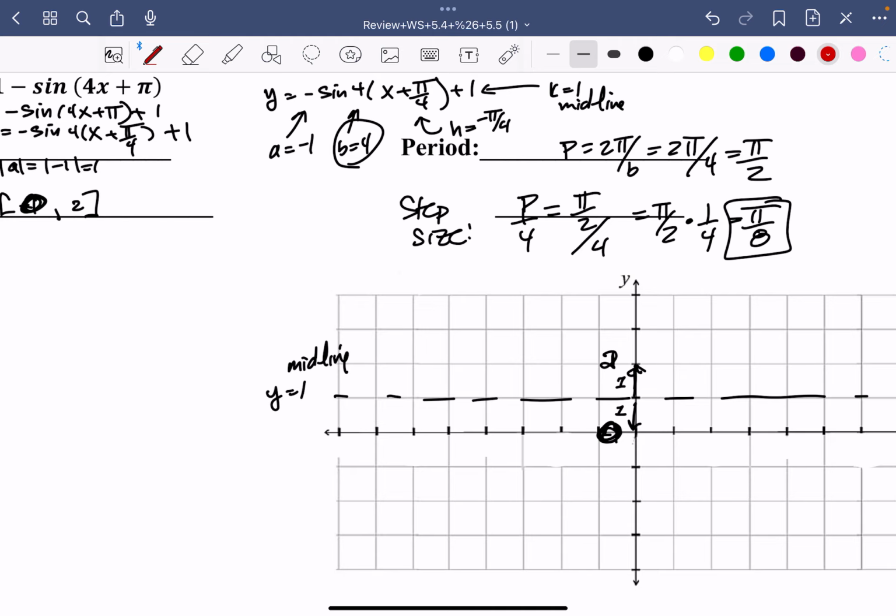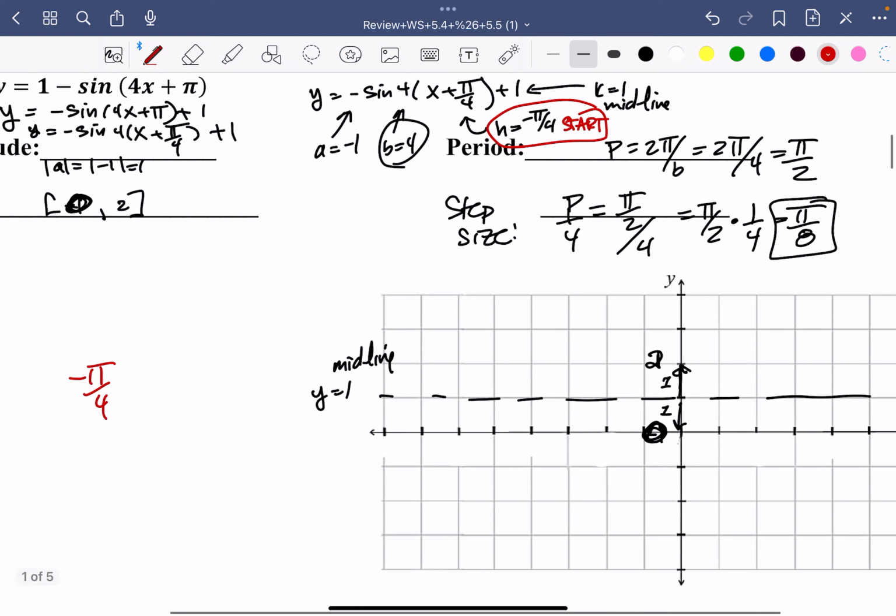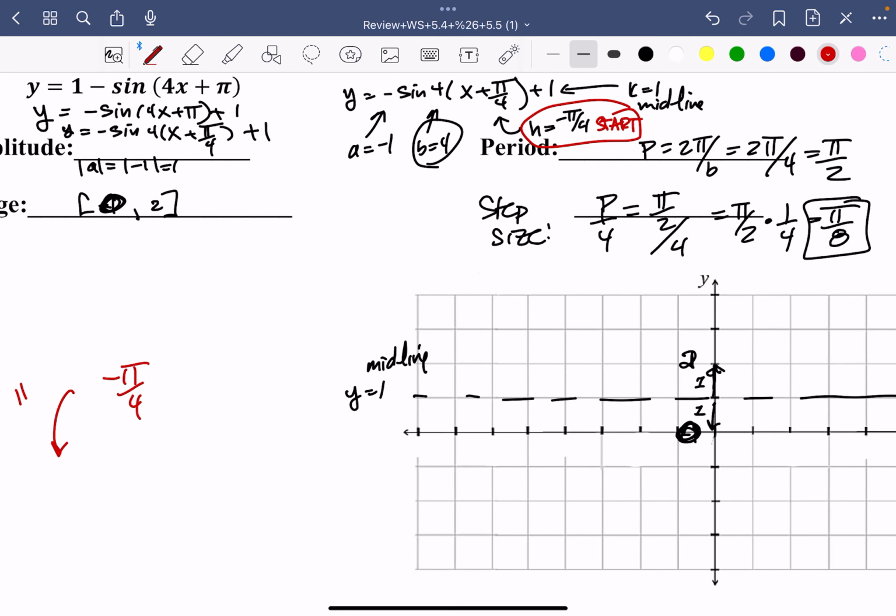So I'm going to start here at negative pi over 4, and each step I take is going to be pi over 8. That's where my x values, where my y values are negative sine.